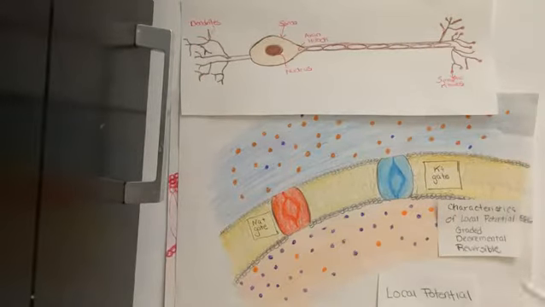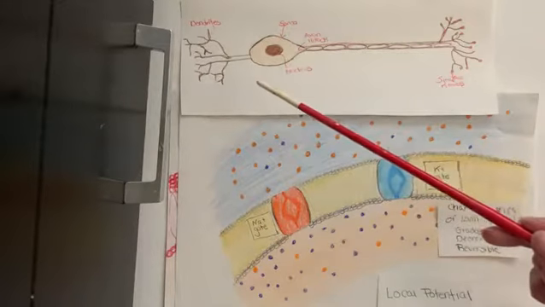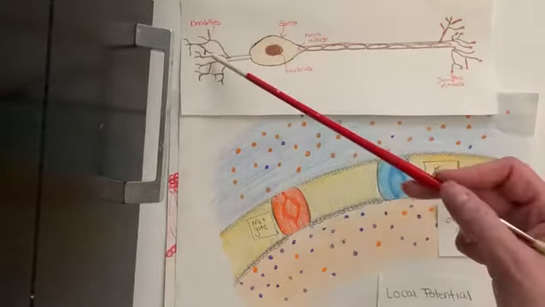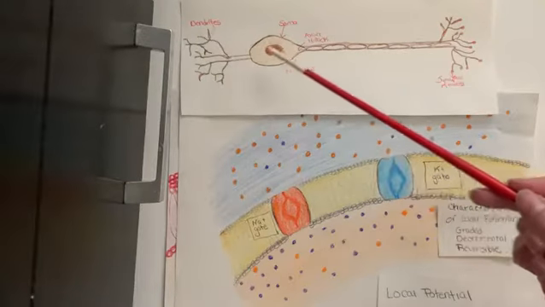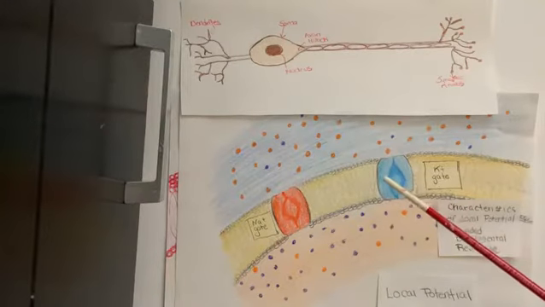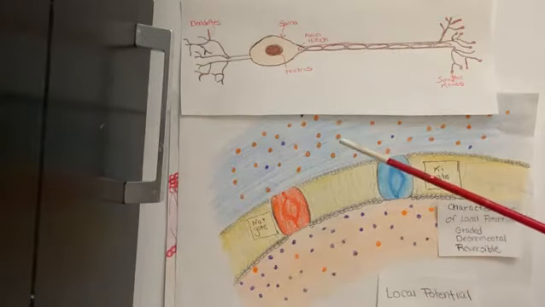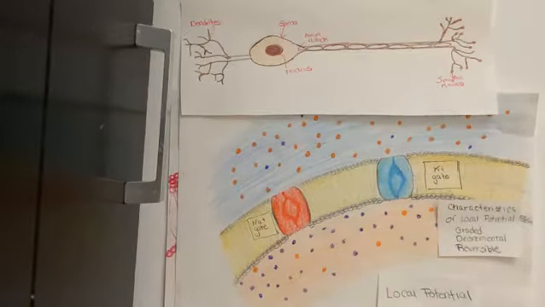They're decremental, meaning that the current gets weaker the farther away from the site of the stimulation it gets. So if the site of the stimulation is here, as it goes out further, it gets weaker. And it's reversible, meaning that if the stimulation stops, the membrane will return to resting membrane potential. That's because these sodium gates close again without stimulation, and the pumps can return the sodium ions back out to the ECF.